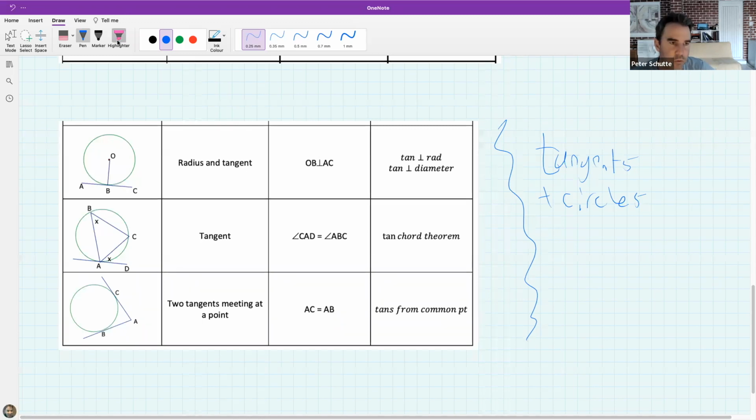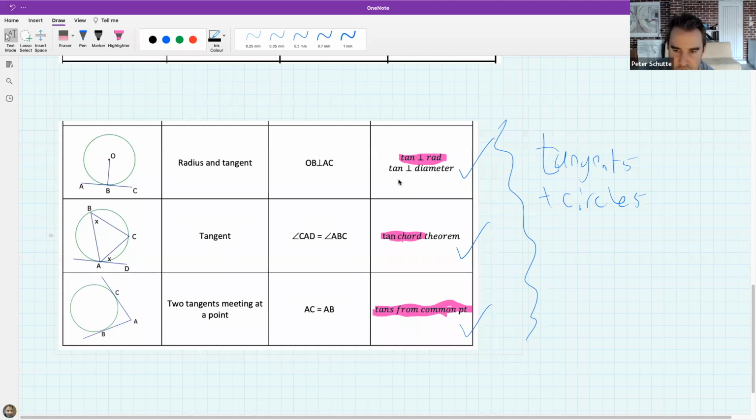The official reasons that we use in these arguments later on are tan radius, tan chord, and tangents from a common point. Those are the three theorems that you have a visual understanding of, but you do still need to work to get to test level understanding. So take a picture here if you have to. And then I'm going to talk about the other stuff we did.